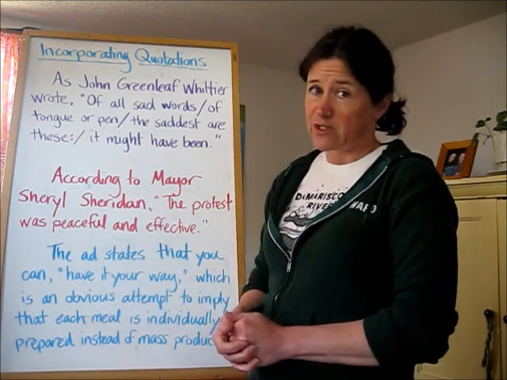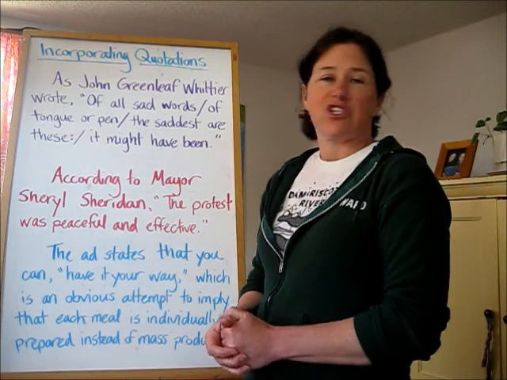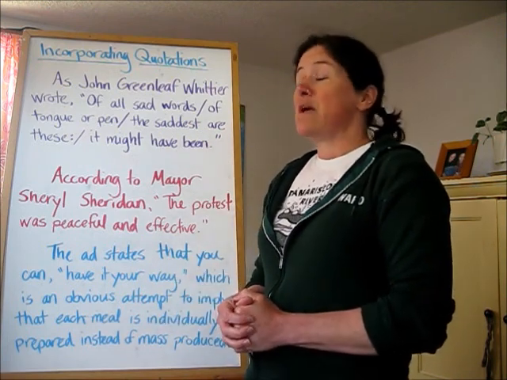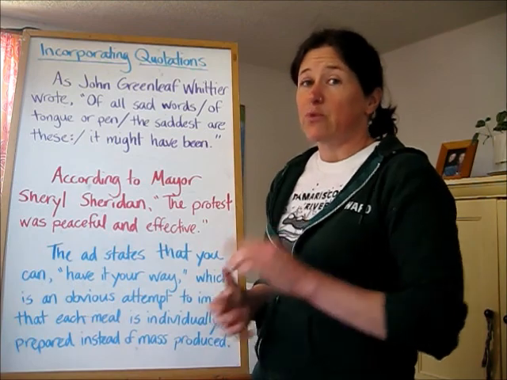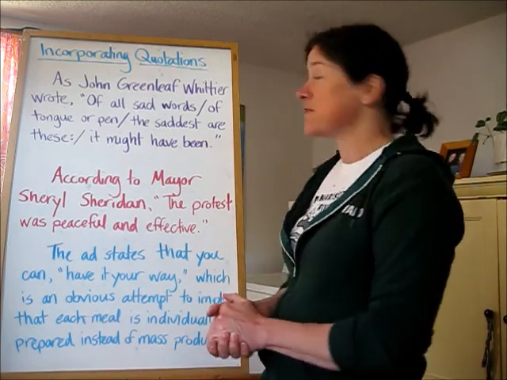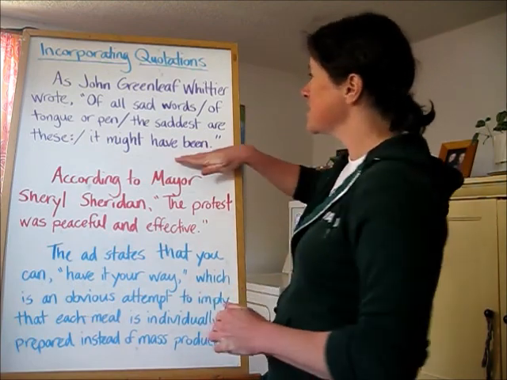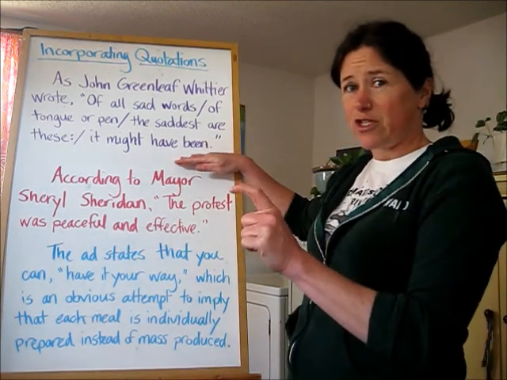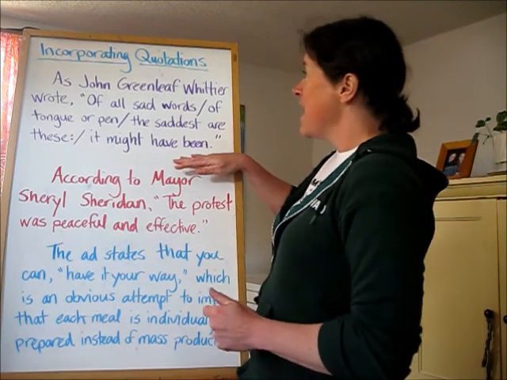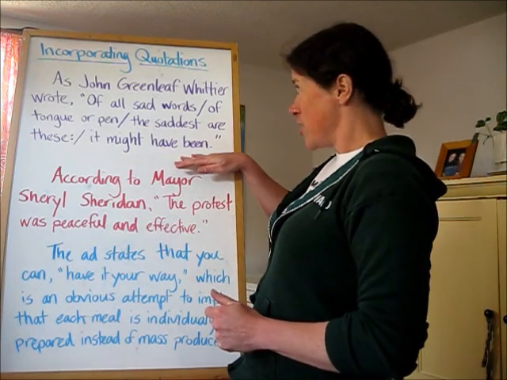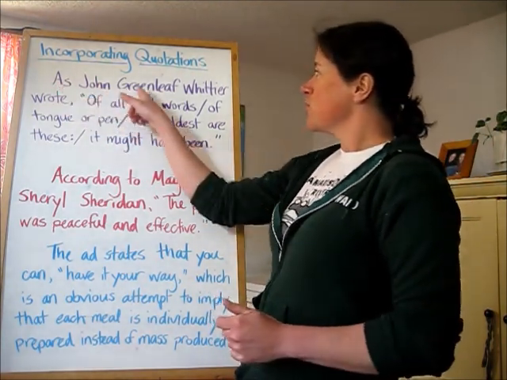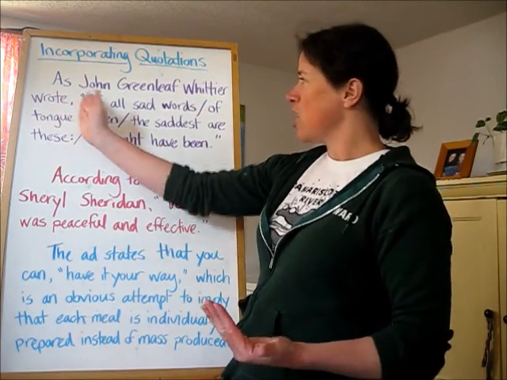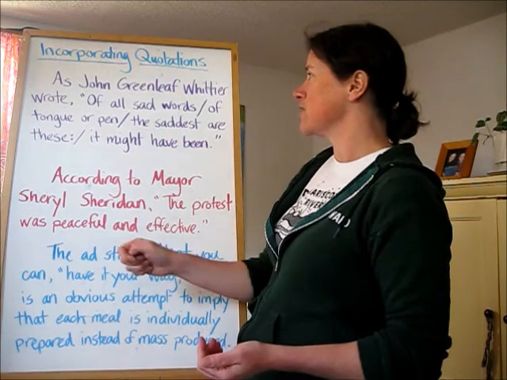There are a lot of ways to do it, and I just have 3 examples up here, and then there are many resources online, so I'll point a few out for you. But let's start with these. In this first example, the quotation comes from a short verse, a small piece of poetry, and what we start out with is, as John Greenleaf Whittier wrote, and whenever you introduce a quote, you need a comma before the quotation marks.